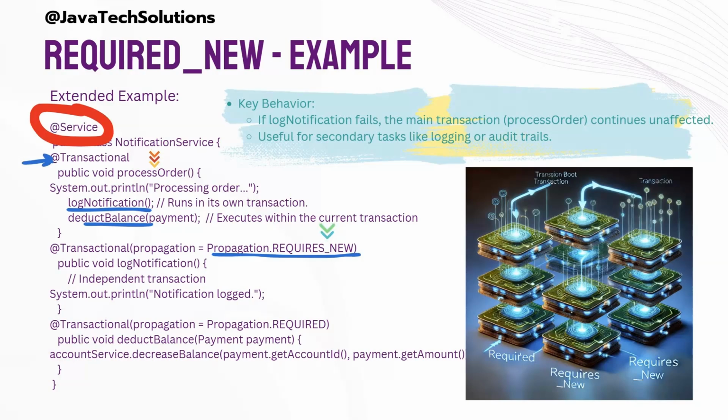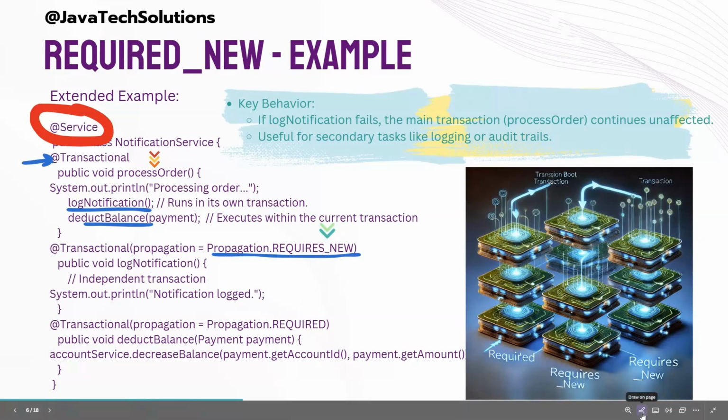We use REQUIRES_NEW when we need an operation to be independent of the current transaction, such as critical tasks, logging, audit trails or notification handling. We also use it if we need separate commit or rollback, like handling compensatory actions or avoiding parent transaction rollback. So these are some scenarios and use cases where we are going to use this one.